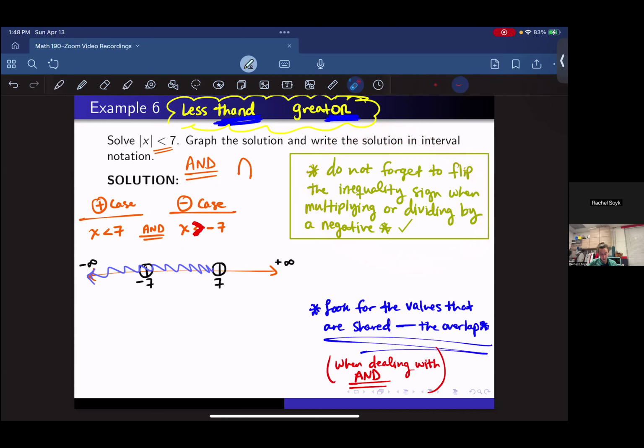You don't want to forget that. So all values that are less than 7, but then greater than -7. So what's the overlap between the two? The purple and the green, which I have highlighted in blue right here. So to represent our solution in interval notation, we have all values between -7 and +7. And we are done.